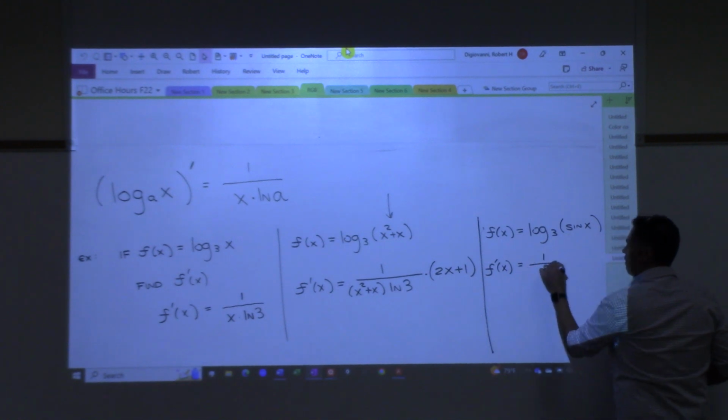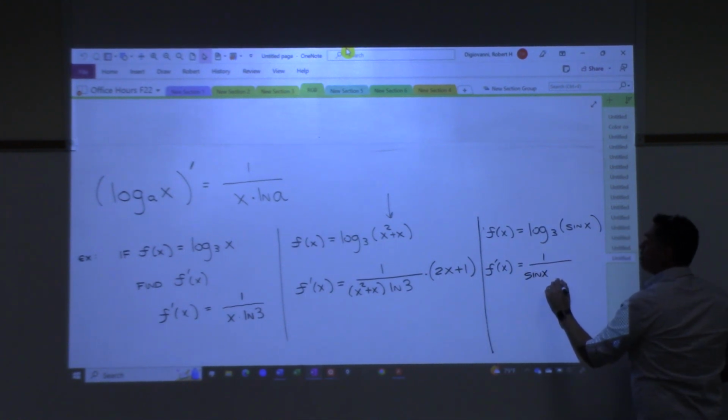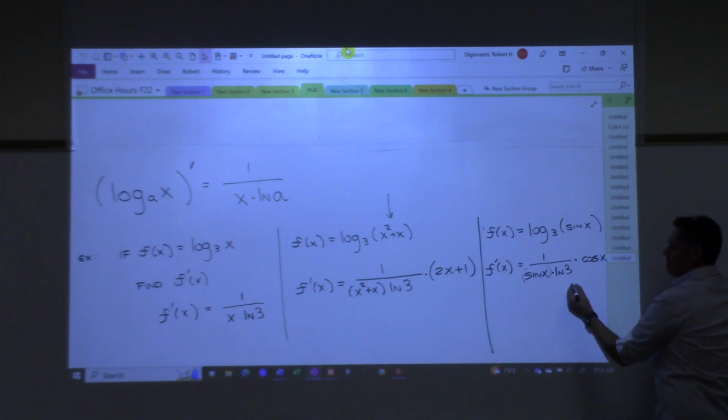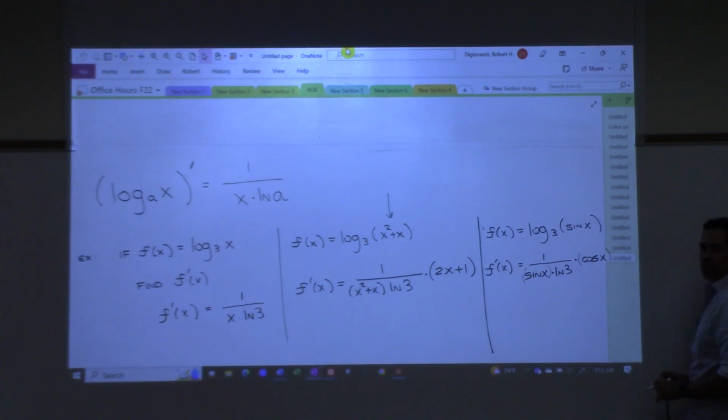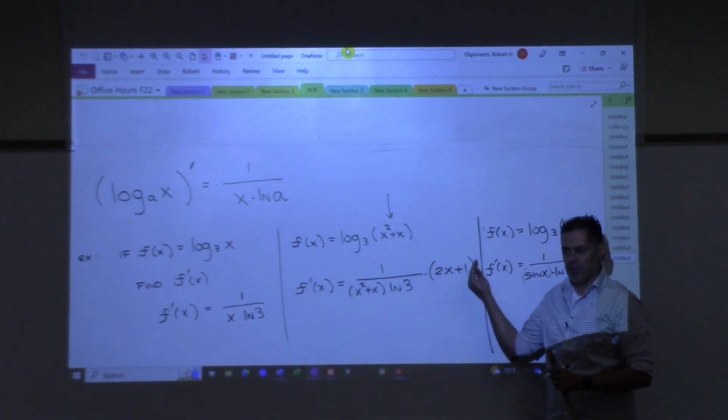1 over sine x, times natural log of 3, times cosine x. Now I heard you say parentheses. You may have put parentheses here, but those are actually not necessary because this is only a single term. Here we have 2 terms, so we have to worry about distribution.